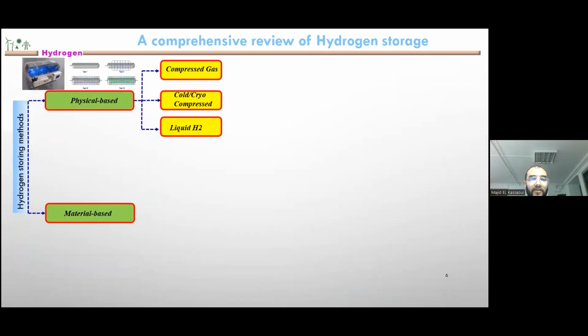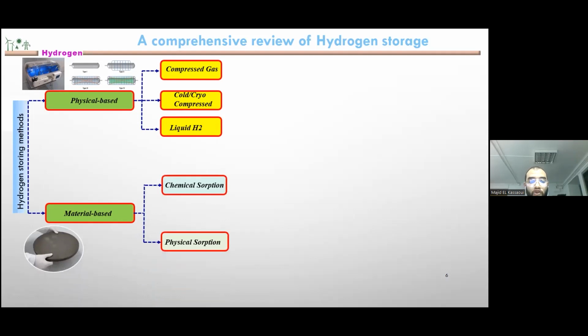Hydrogen can be stored in different tanks. The first one is compressed gas or cryogenic liquid H2, but also in materials. Hydrogen can be absorbed in or stored in materials through either a chemical option or a physical option.